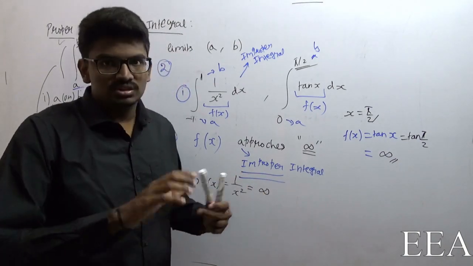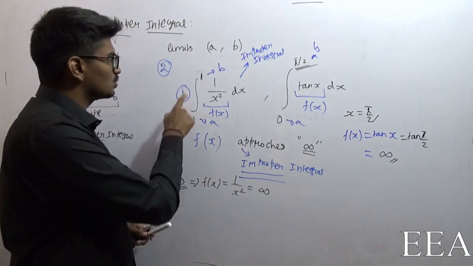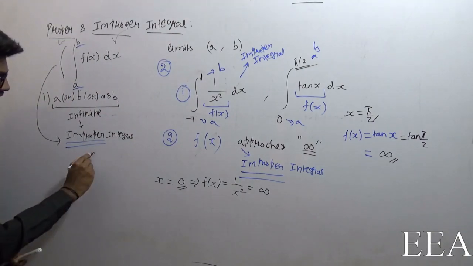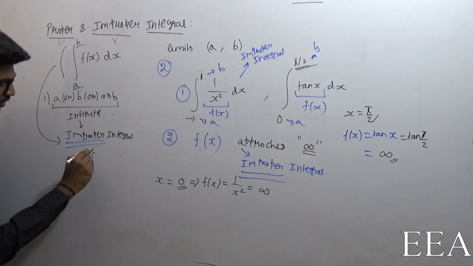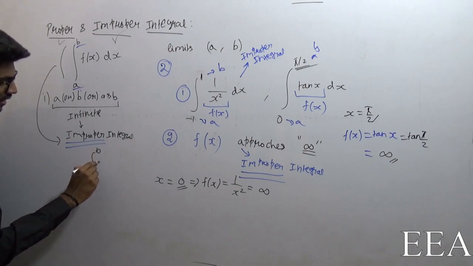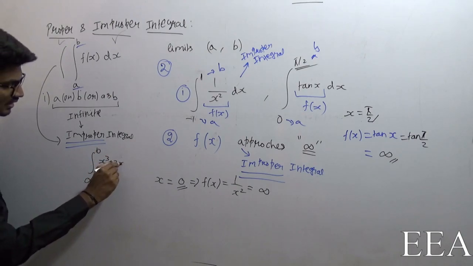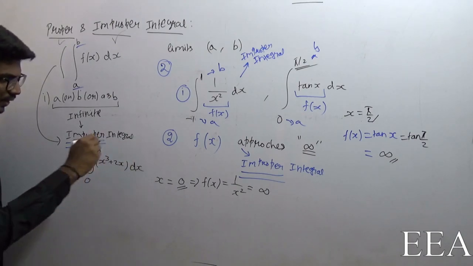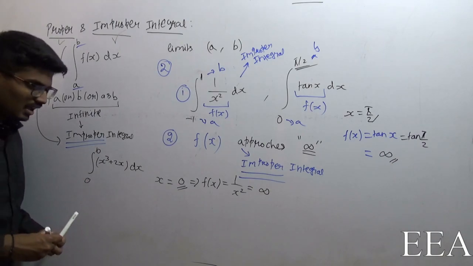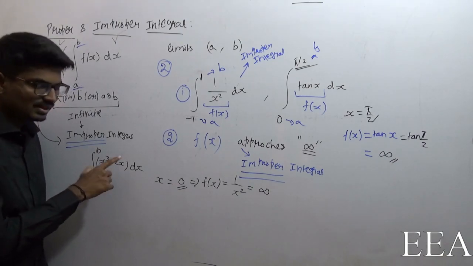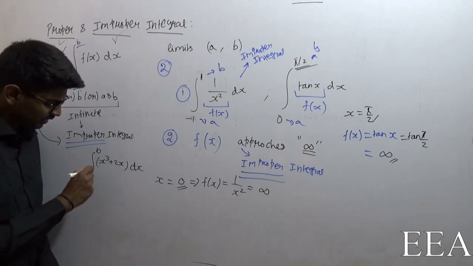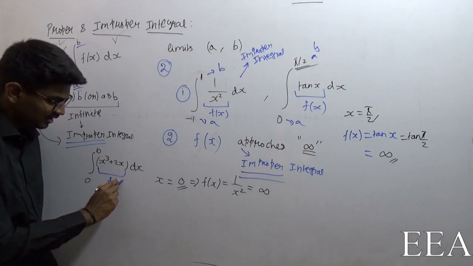If there is no such value between the limits, let us take an example: integral over 0 to 10 of x cube plus 2x dx. Now in this case, if I substitute 0, f of x will be 0.